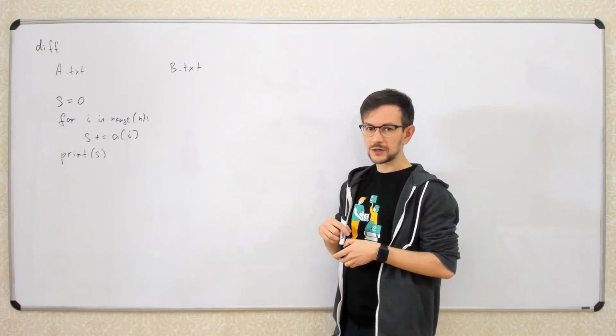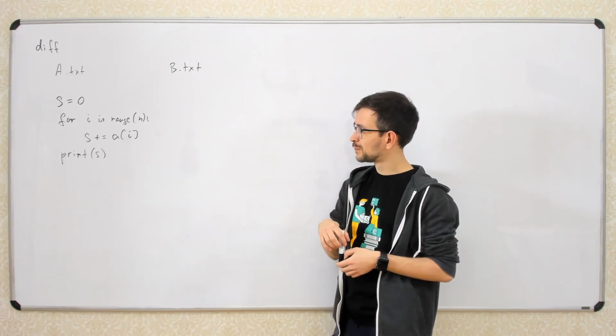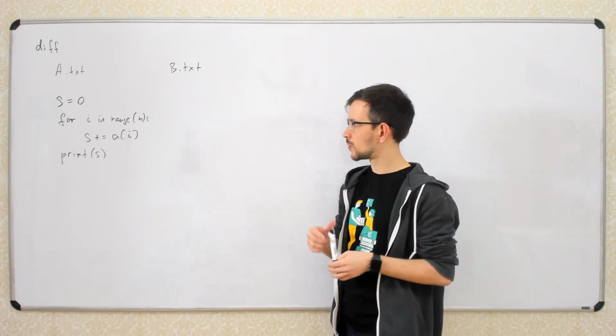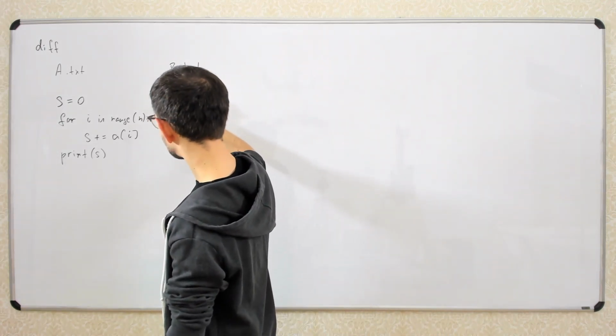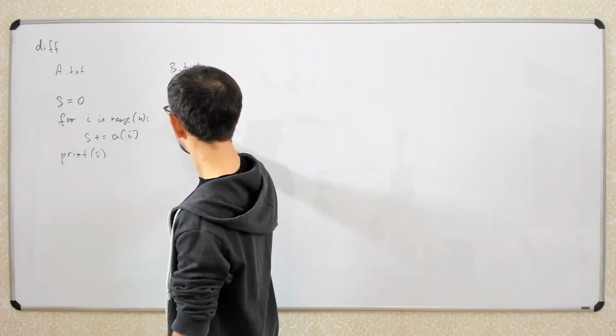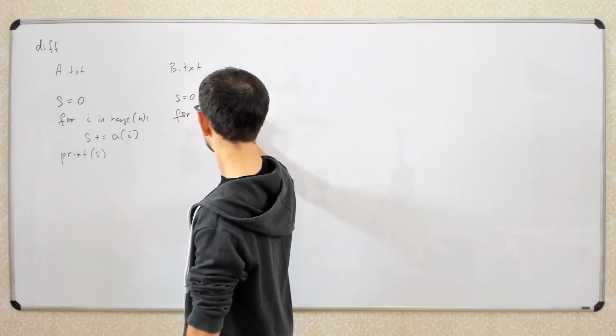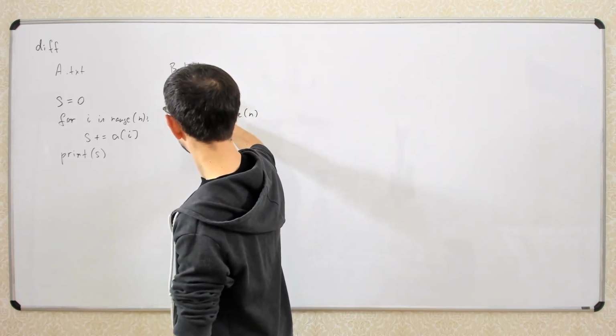And then you decided that you want to change this program to calculate the maximum. So you change this to something like that. s equal to, like, minus infinity.